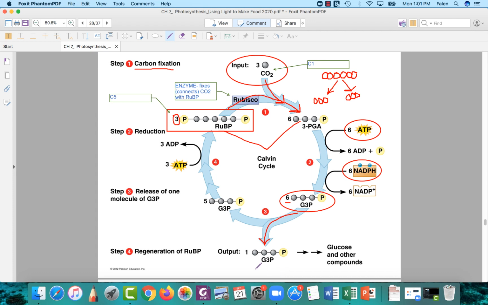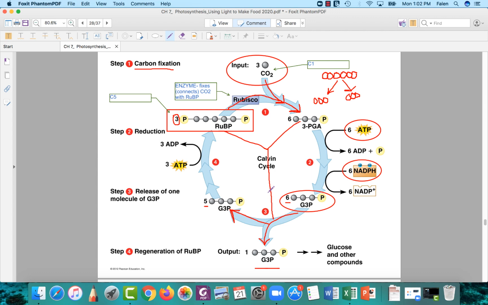For now, let's just say it's sitting here waiting for the rest of the cycle to occur. All right, so 1 G3P leaves, and we are left with 5 G3P. Okay, so this whole process right here is another step.